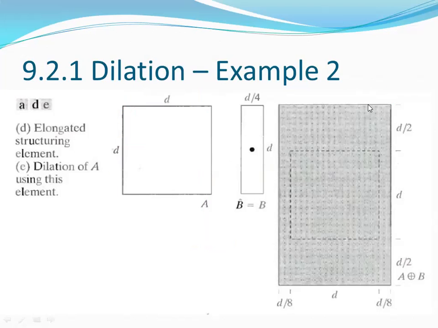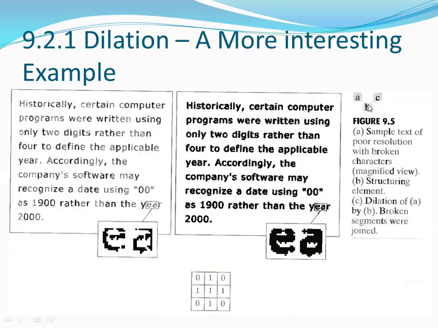Now, what sort of examples do we use where dilation is applied? Here, the author says it is used in applications where you have taken an image that has been poorly scanned, and you want to somehow join the points or make the edges rounder.